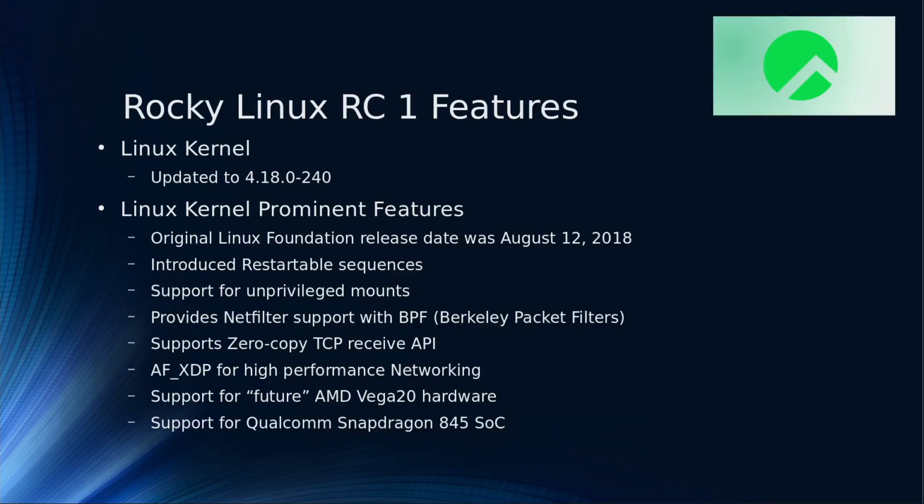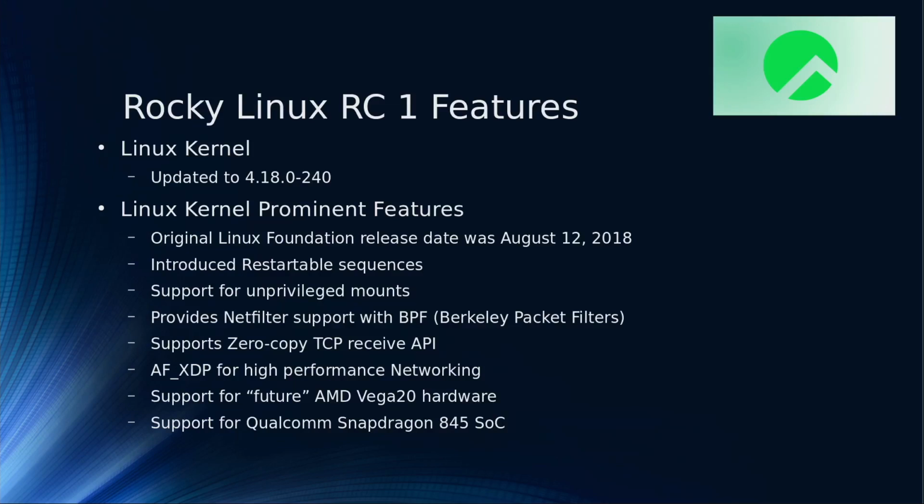It also supports zero latency TCP/IP as an API. AF_XDP is a protocol set for networking that allows for high performance networking. There's support for future, in quotes, AMD Vega 20 hardware, which of course is now hardware which is obsolete.